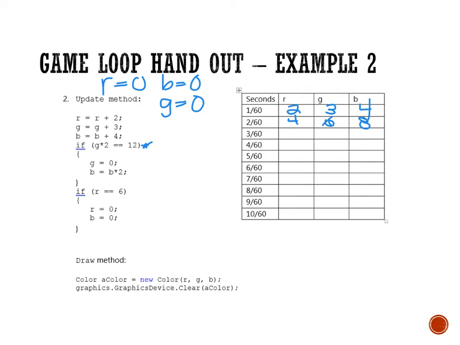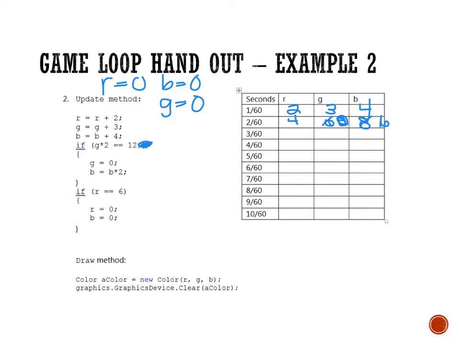So I can see that G is changing to 0, and B is equaling B times 2. So G is 0 there, and this turns into 16. All right, is R equal to 6? Nope, that is not the case. So I can see there that I'm done for the second 60th of a second.